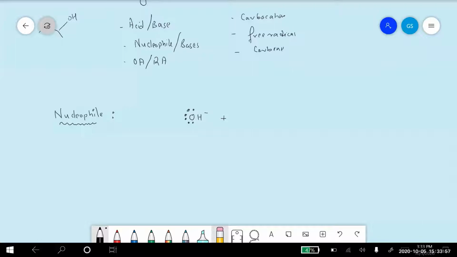When a nucleophile approaches anything which has a positive charge, it quickly attacks it and substitutes it, depending upon the situation. So the nucleophile's major work is to attack a center which seeks electrons and give its electrons to that center. By doing that, it converts this molecule into this.